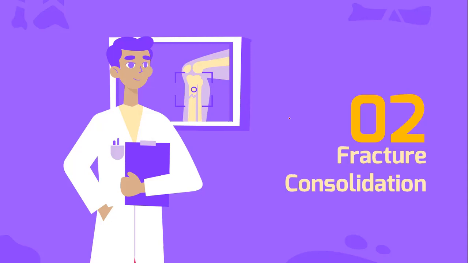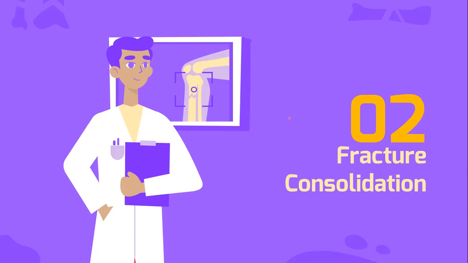Always taking into account some essential factors that are always present, such as a good vascularization of the fragments that are involved, and the stability of a fracture. So that's why we have to avoid the movement between the fragments.